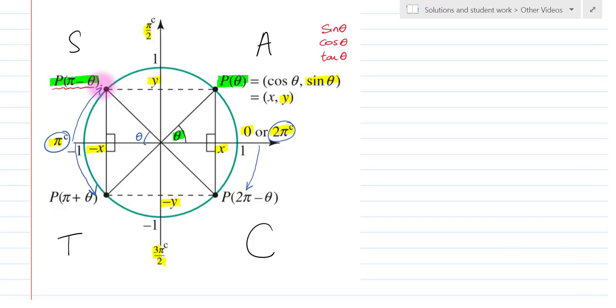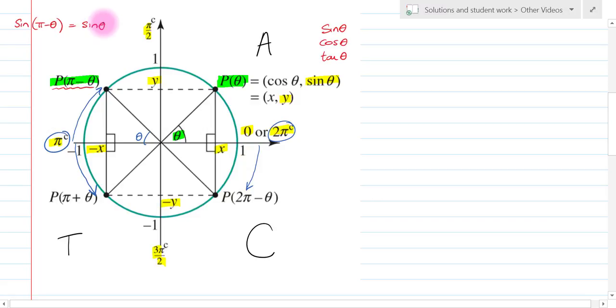So we have this rule. I'm going to rub out that S and perhaps put it somewhere else. The first rule is that sine of pi minus theta, or 180 minus theta, is equal to sine of theta. So the equivalent angle in the second quadrant is equal to that angle in the first quadrant, and it's still positive because sine is positive in that second quadrant.